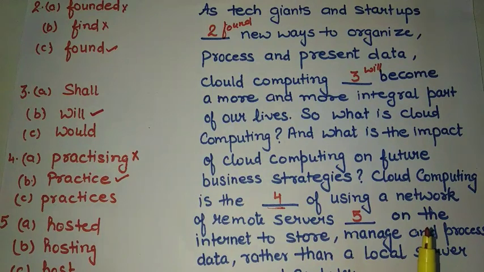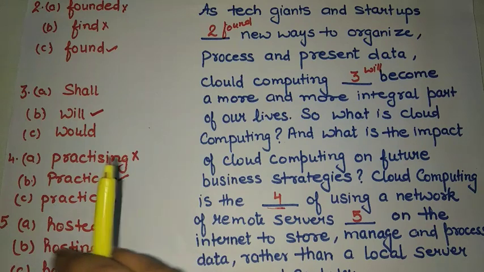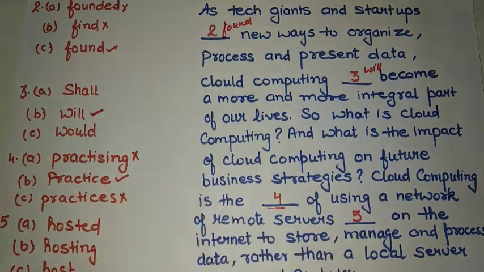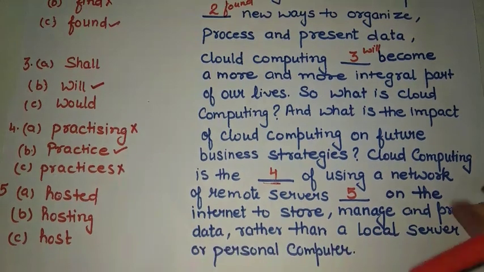It is not in continuous form, and it is also not plural, so practices will not go either. So the word practice will be appropriate. Cloud computing is the practice of using a network of remote servers dash on the internet to store, manage, and process data rather than a local server or personal computer.